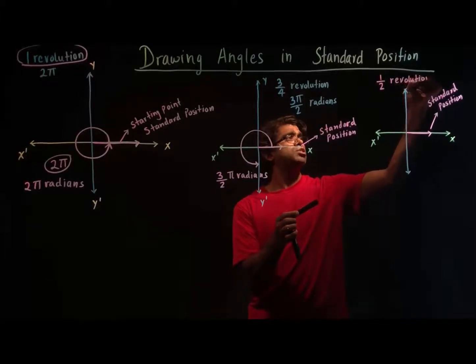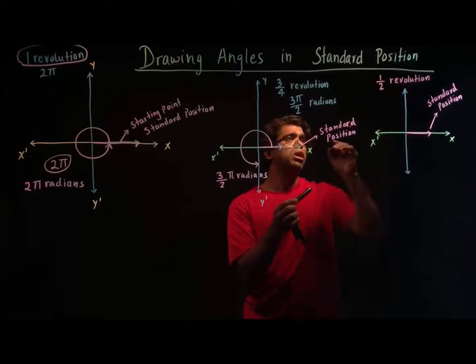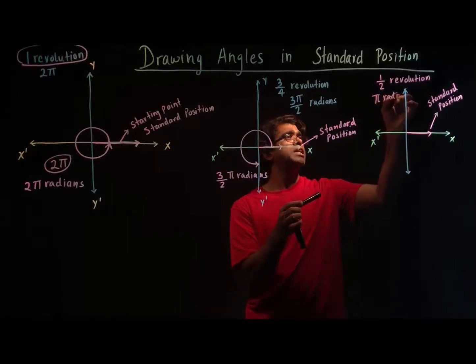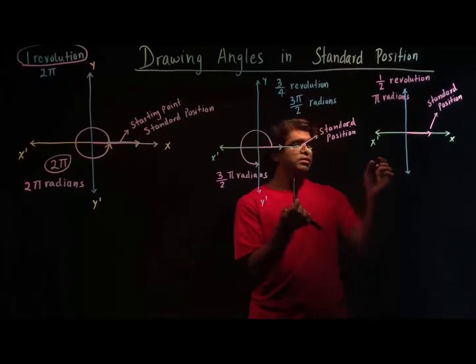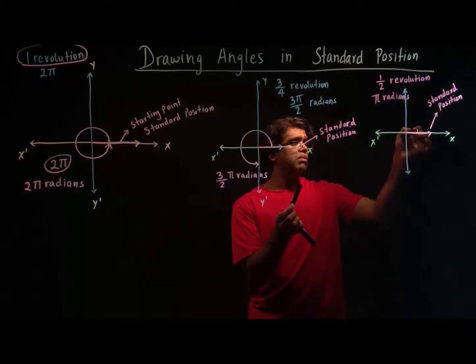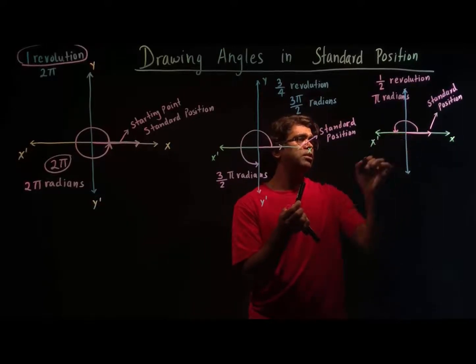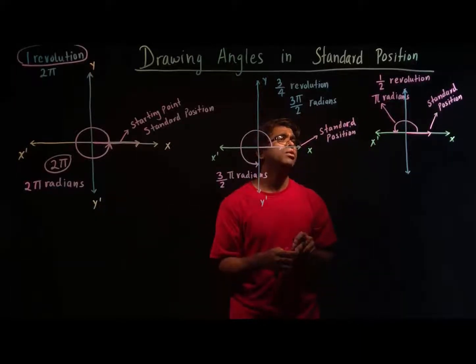When we go half of the revolution, the angle that we subtend is pi radian. So we will go around the circle, half of the circle. So this angle is pi radian.